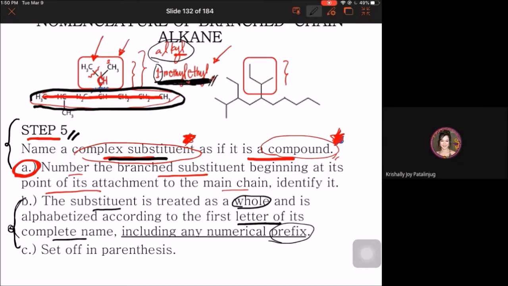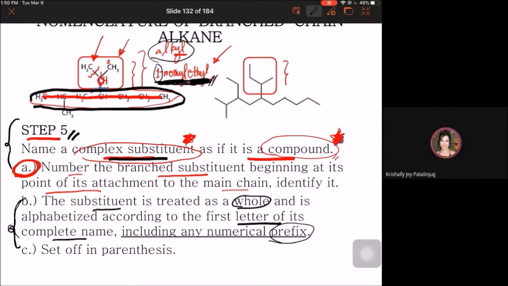So for this complex substituent, even if it has di, tri, etc., whatever the first letter in the name of that complex substituent is, you have to treat it as a whole and alphabetize it according to the first letter of its complete name.